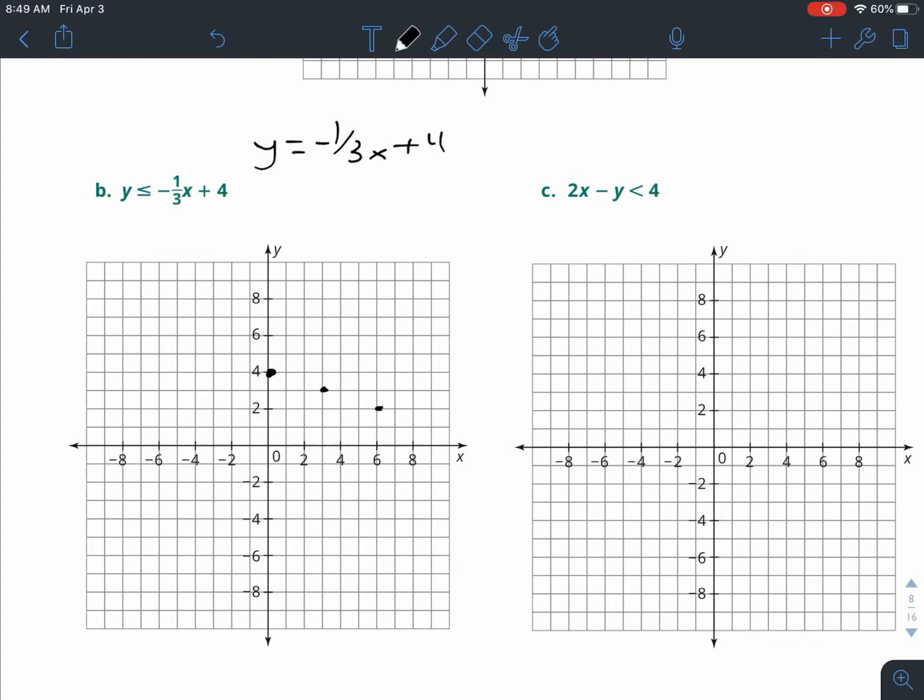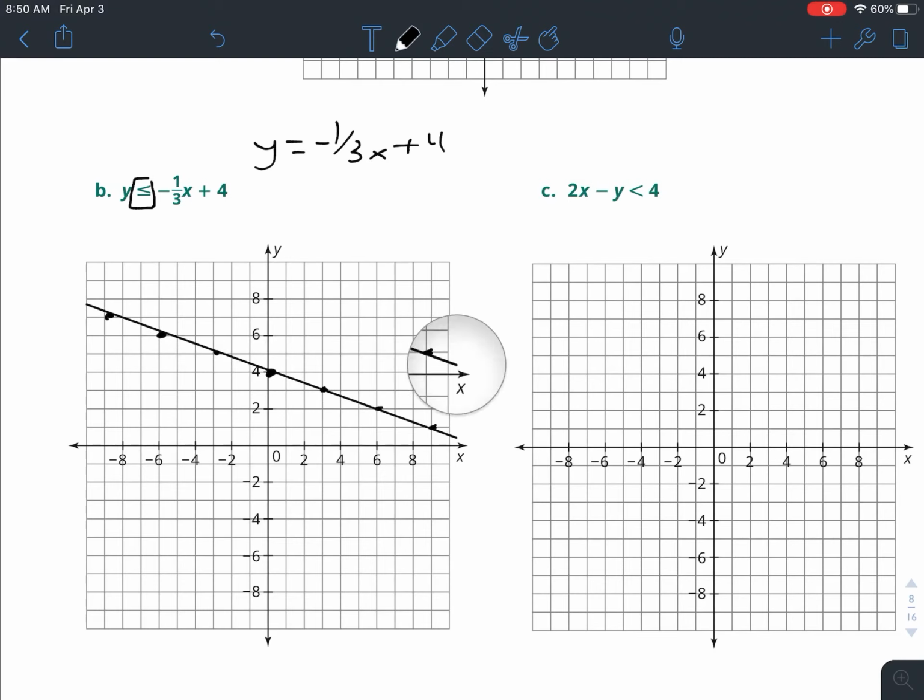Over 3, down 1. Going the opposite way, you go up 1, over to the left 3. 1, 2, 3, up 1, and there's your answer. Now, because we have that symbol, it is a solid line.